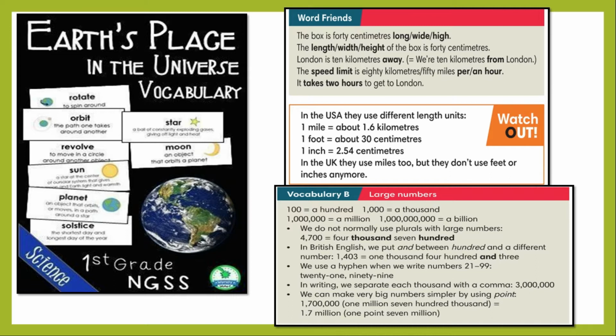Great. What about writing? In writing, we separate each thousand with a comma. For example, here we've got 3, comma, 1, 2, 3, zeros, comma, because we're just separating thousands with commas.